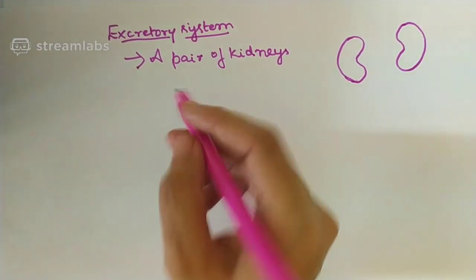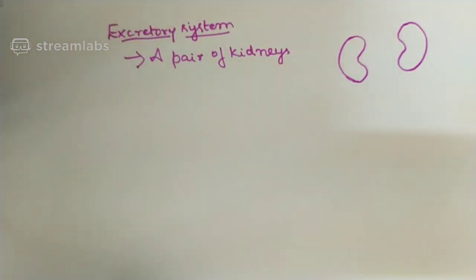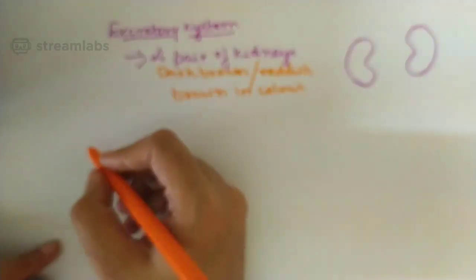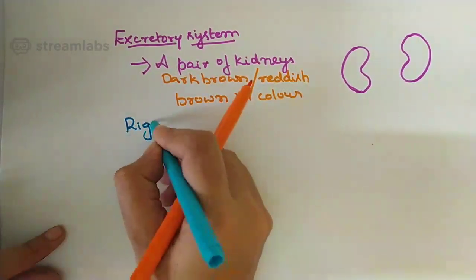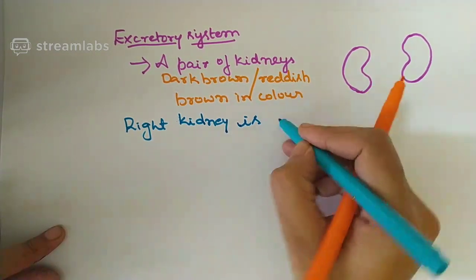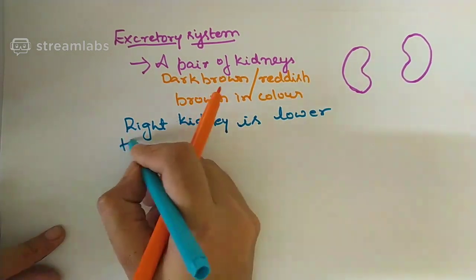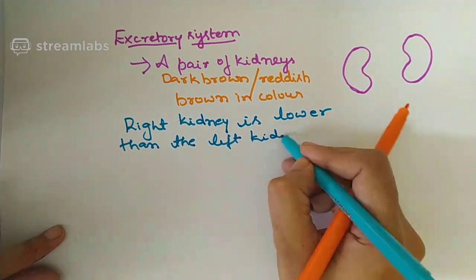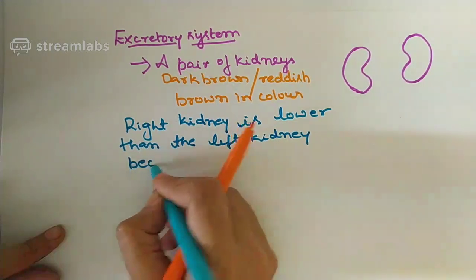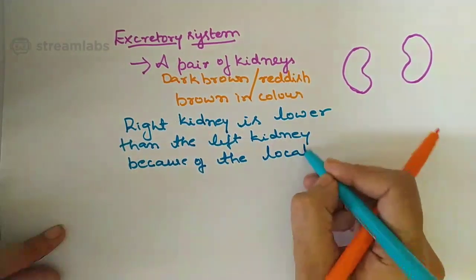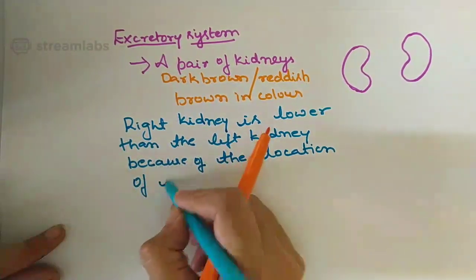Now, remember students, the right kidney is lower than the left kidney because of the location of the largest organ of our body.